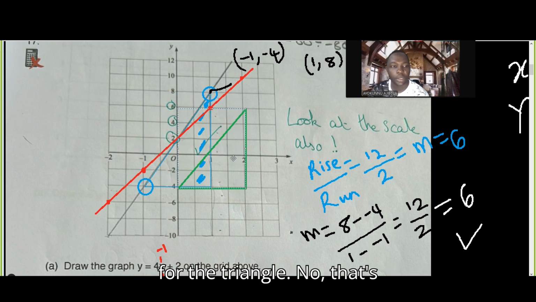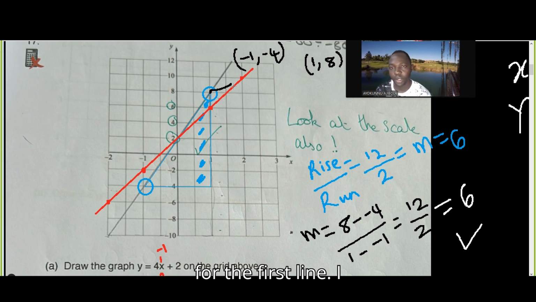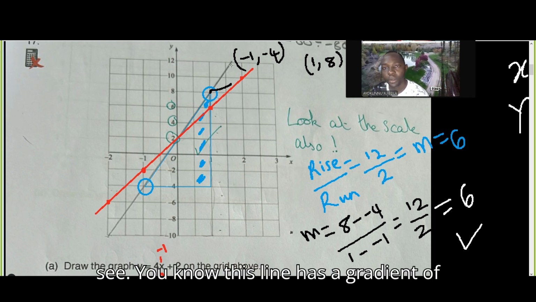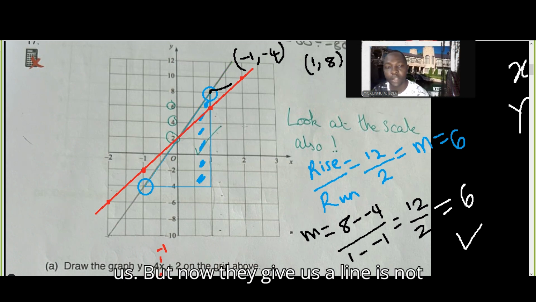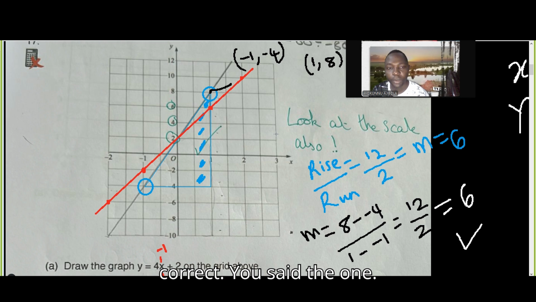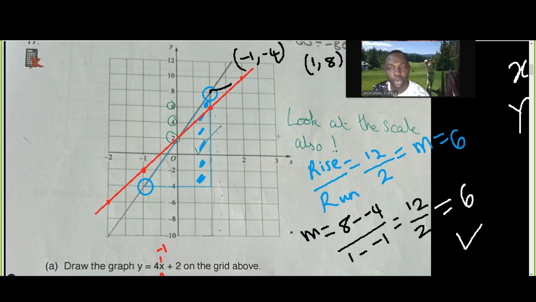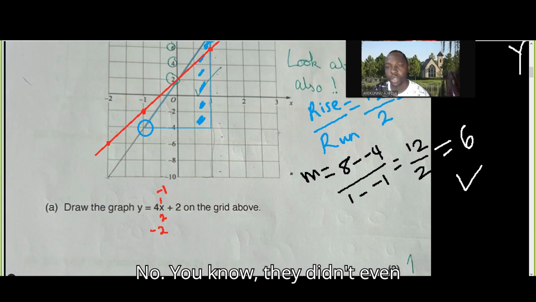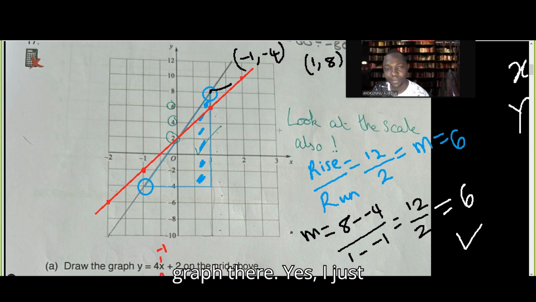Yeah, that's for the first line. This line has a gradient of 6, okay? But now they gave us another equation. So my line is not correct? No, they didn't even ask us to find the gradient of the first graph there.